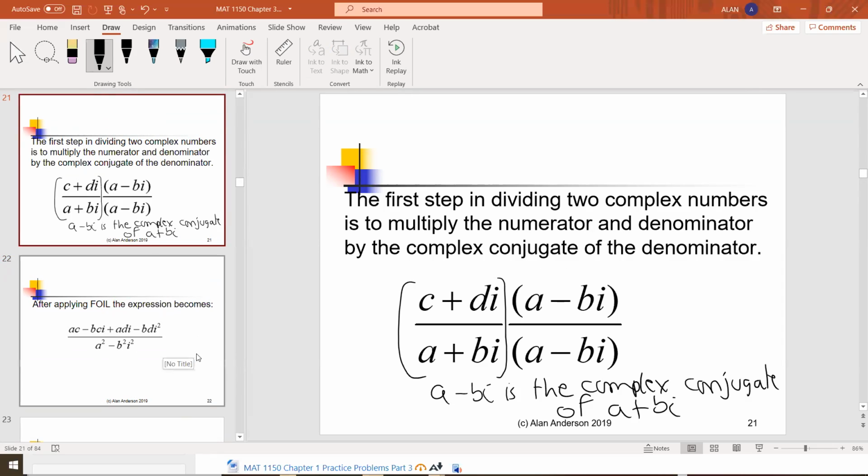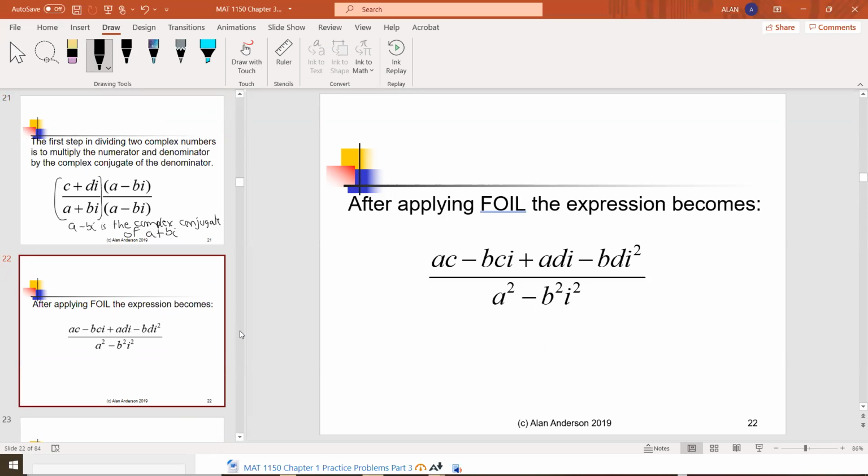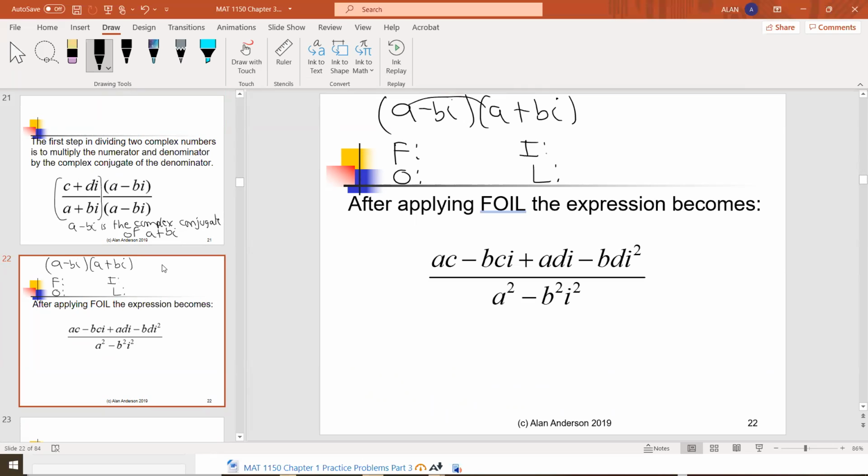And what I'm going to do is just remind you. Now, let's do this. We have a minus bi times a plus bi. If I apply FOIL to that, we have a squared, abi, negative abi, and then finally negative b squared i squared.